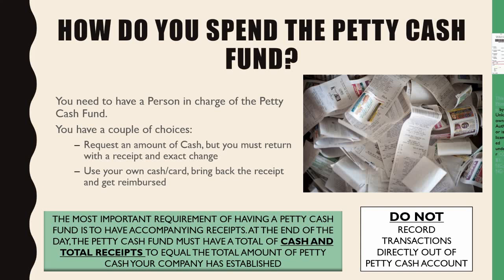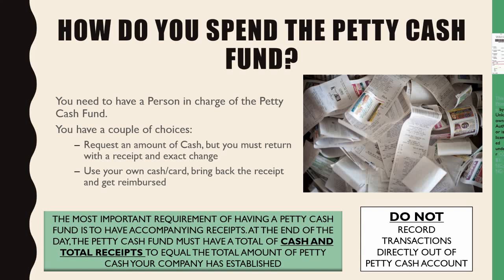So if you have to go do a coffee run, or pick up some extra supplies, or pay for postage. Oftentimes when you have a shipment, they might ask you to pay cash on delivery, so you could use that. You might need to ship things out, so you have to go buy some postage stamps. So for whatever reason that you need to use it, this is how you use it.